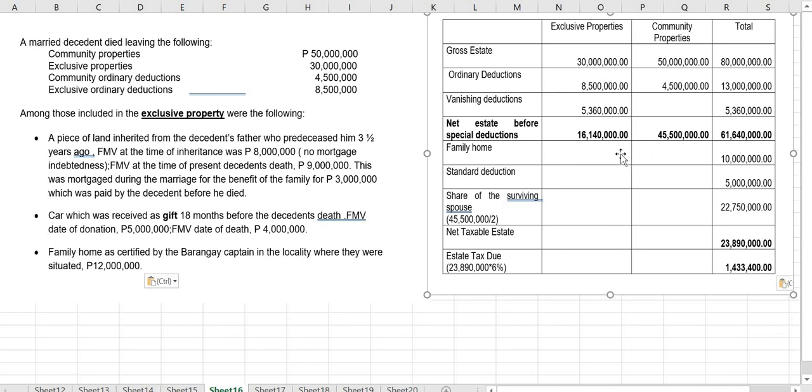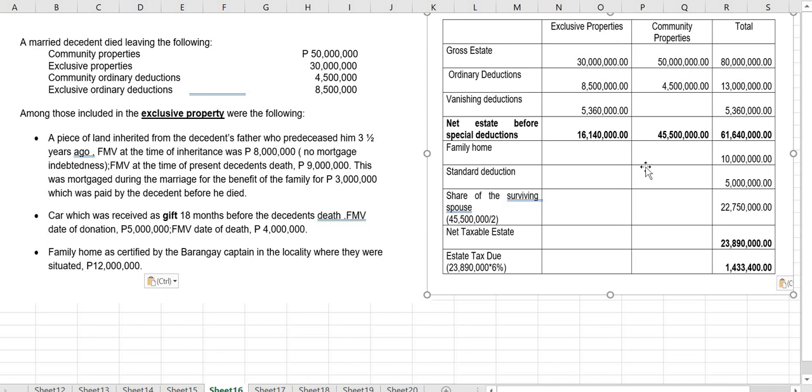Since this is exclusive property, the fair market value is 12 million, but the maximum amount that can be claimed as deduction is only 10 million. Then you have a standard deduction of 5 million. Then the share of the surviving spouse, which is 1/2 of the net community property, 45.5 million divided by 2.